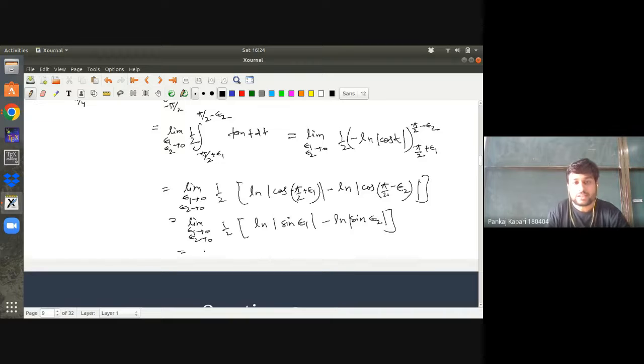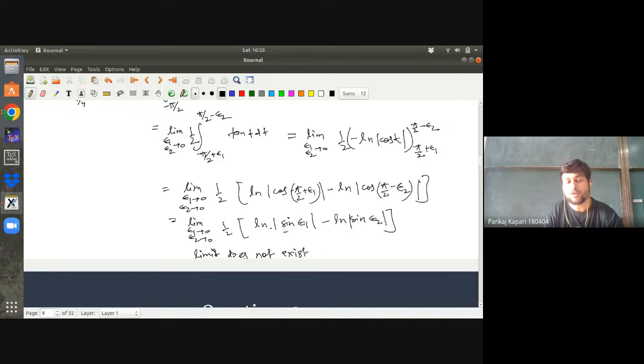Now notice that this limit is infinity. This limit does not exist. Why does the limit not exist? When epsilon goes to 0, sine epsilon 1 becomes 0, but log of 0 is not defined, so it will go to minus infinity.